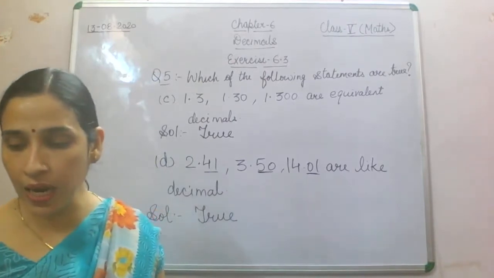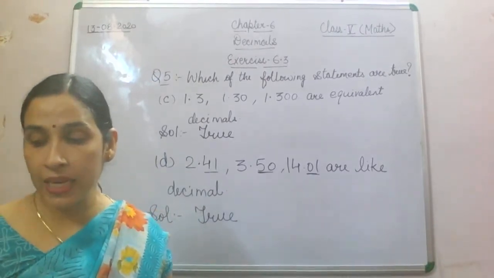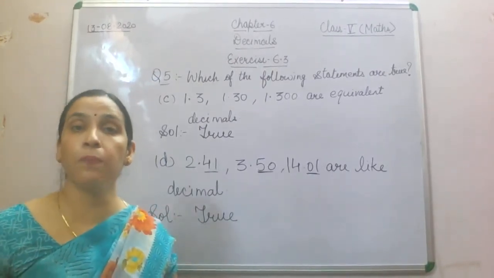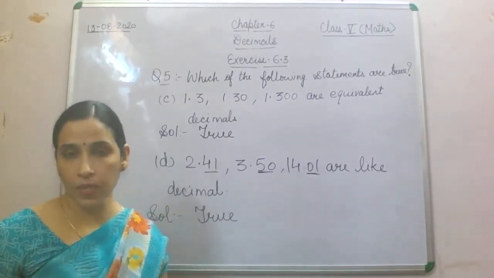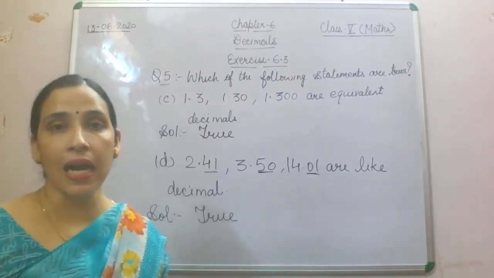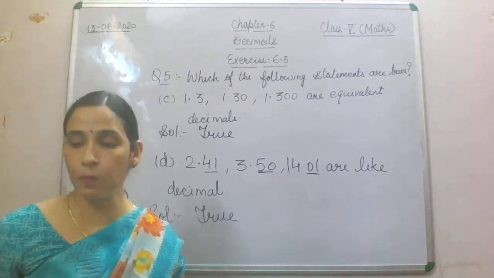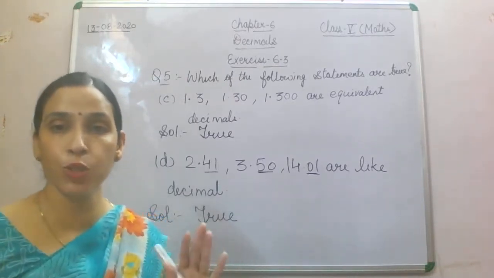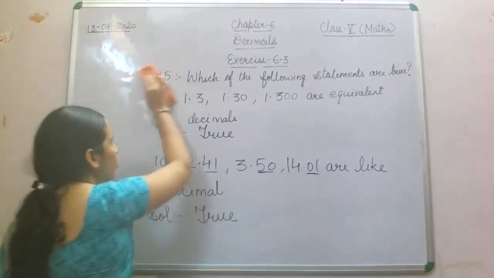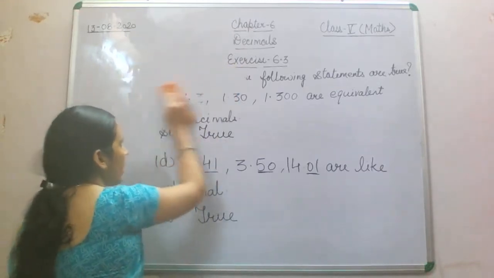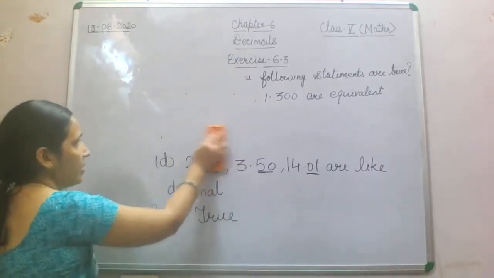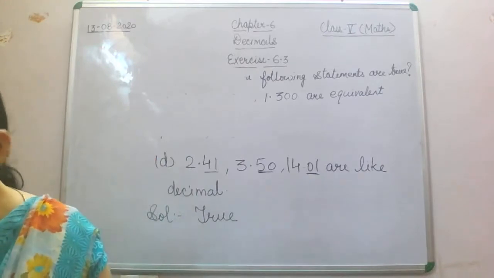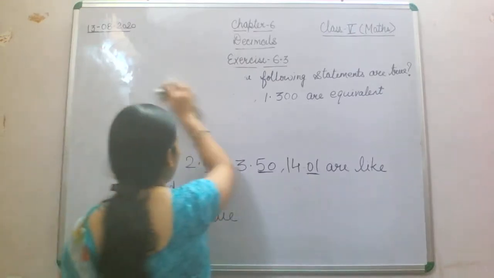Children, now we will start our question number 6, that you have been given a pair of unlike decimals and you have to convert that pair of unlike decimals to like decimals. So let's start that question number 6.